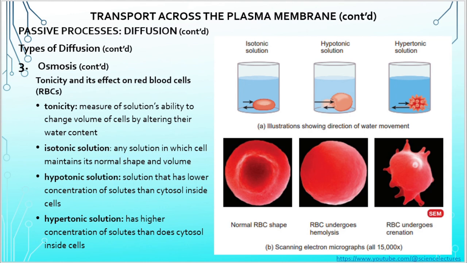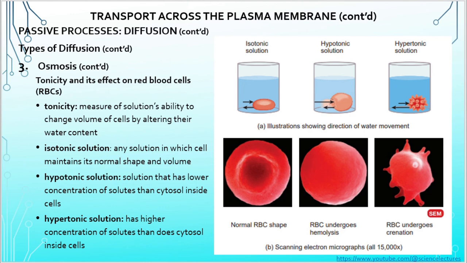Pure water is very hypotonic. It causes rapid hemolysis in red cells and lysis in other cells. A hypertonic solution (hyper, greater than) has a higher concentration of solutes than does the cytosol inside the red cells.